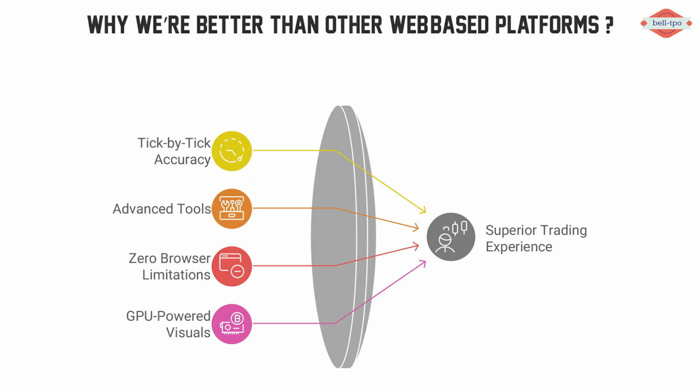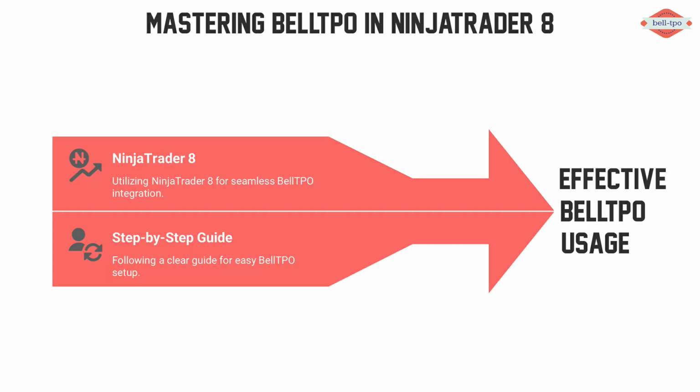And also with order flow, the bid and ask depth values are very clearly visible as we are using high definition charts, which no other web-based platforms can match, correct?